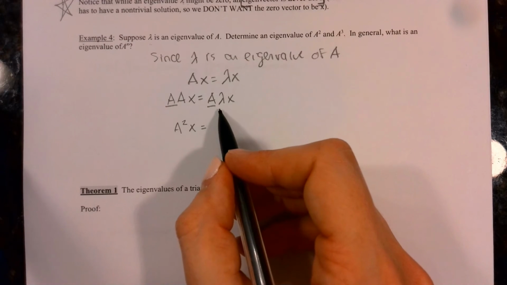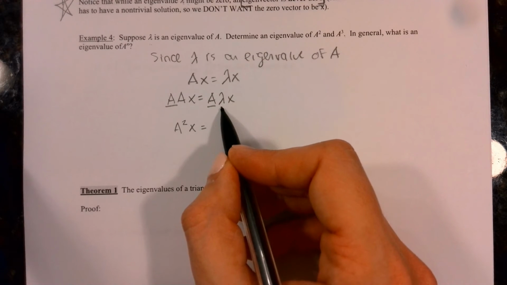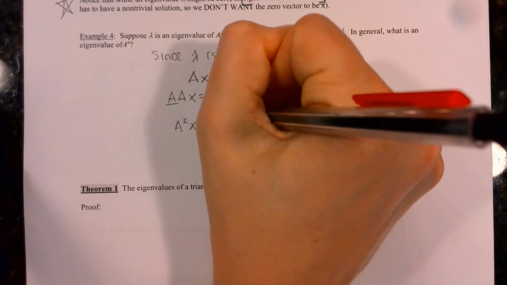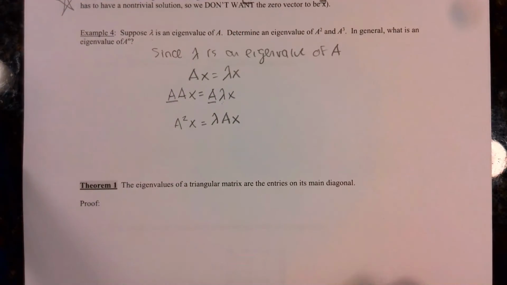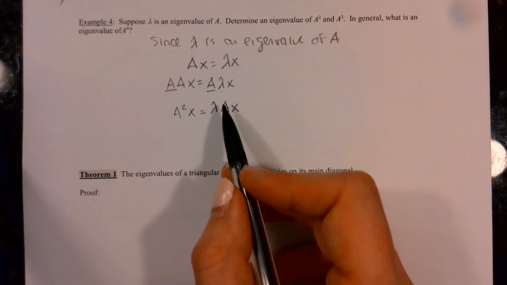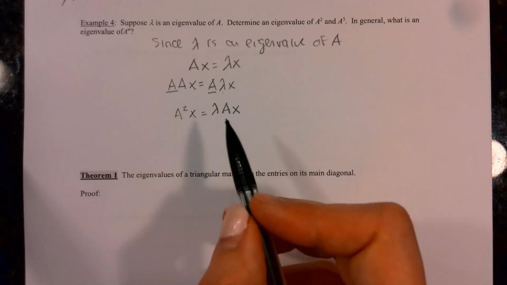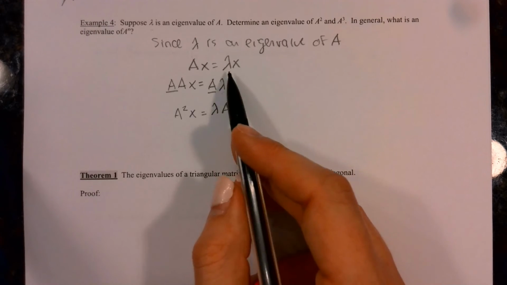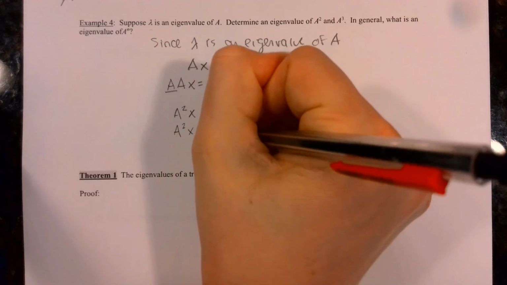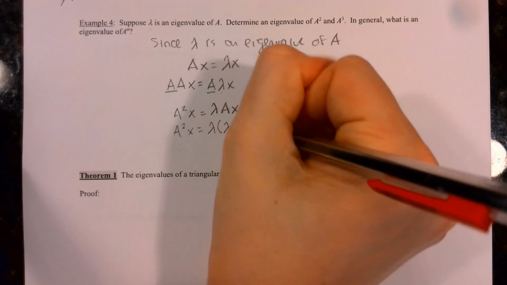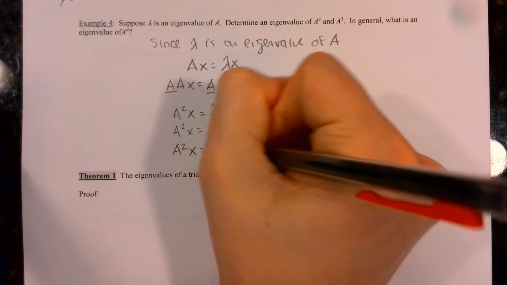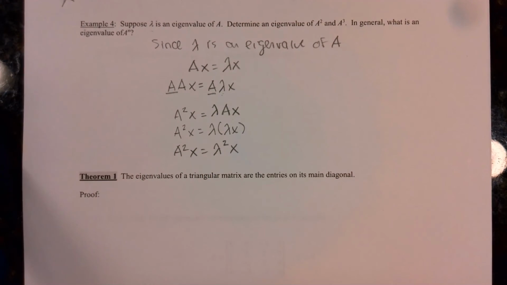On the right side, lambda is a scalar, which means I can factor it to the front, so this is really lambda times Ax. This only works because lambda is a scalar. Do not try that with a matrix. We already said Ax equals lambda x, so I'm going to sub that in. So A squared x equals lambda times lambda x, which is A squared x equals lambda squared x.